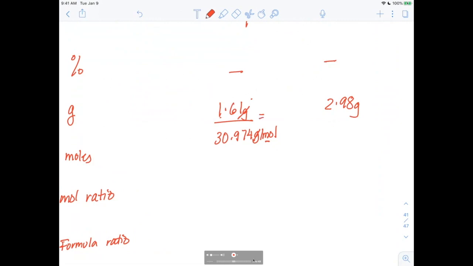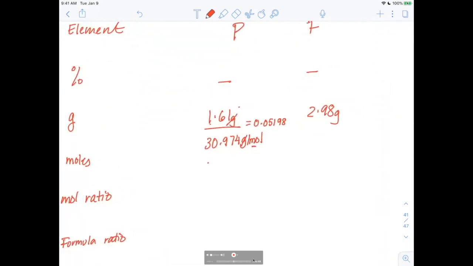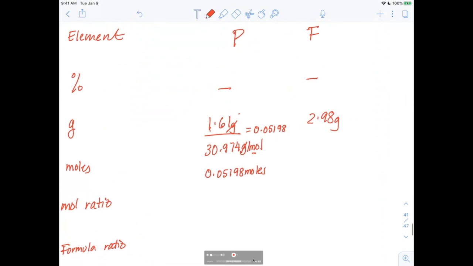So my answer here will be 1.61 divided by 30.974, we get 0.05198. How about that? So I'm going to copy this down here: 0.05198 moles. On this side, I take the grams of fluorine and divide it by the molar mass of fluorine, 18.998 grams per mole.